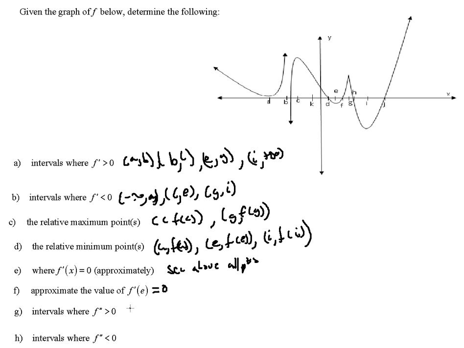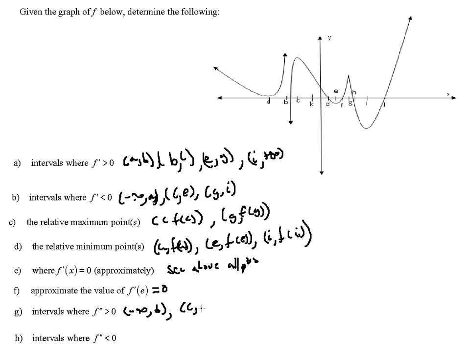So now we're going to say the intervals where f double prime is greater than 0. Sorry, so where it is positive. Well, where f double prime is positive, f is concave up. So I'm going to say from negative infinity to B, and from C to, no, I'm sorry.